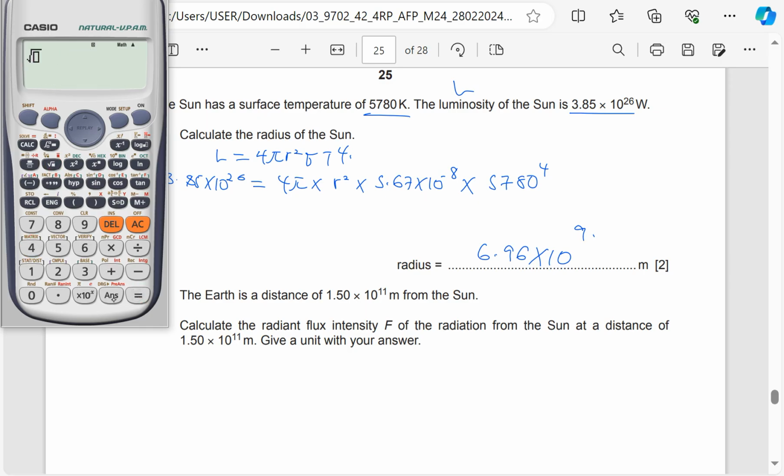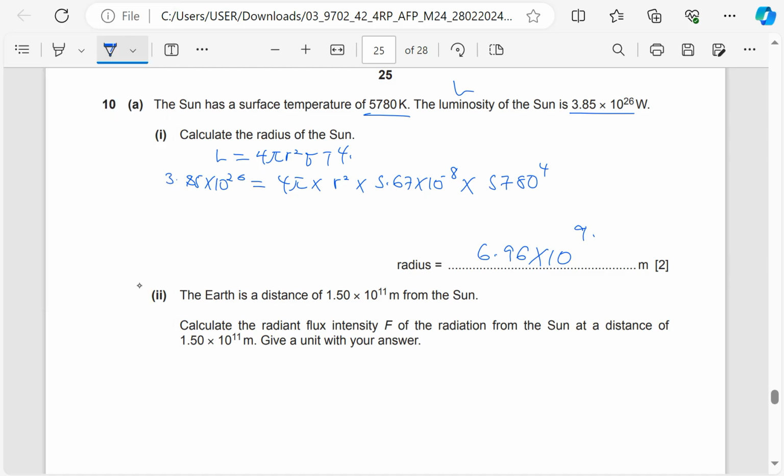Then root of the answer. Okay, so it is power 8, not power 9.